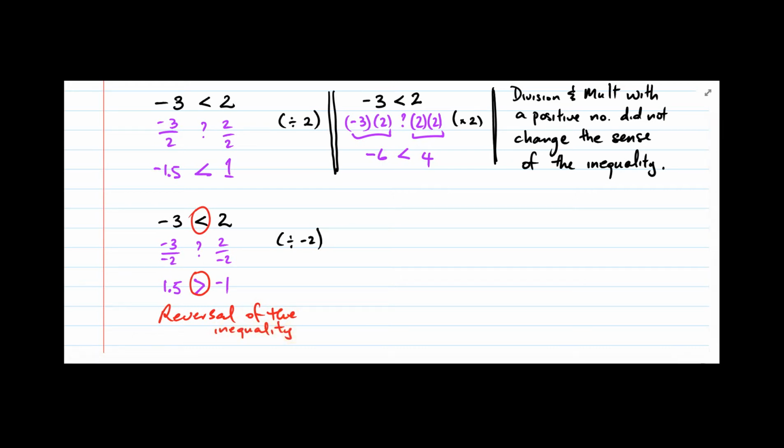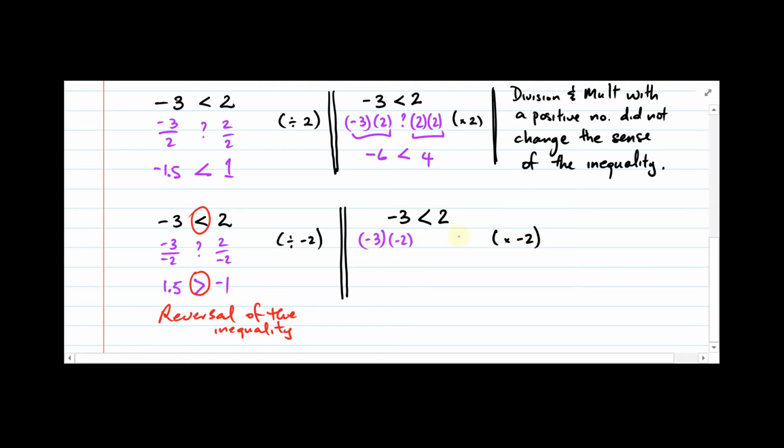Right? Let's look again at the same inequality, negative 3 is less than 2, which is a true statement. We've divided already, so now let's multiply both sides by negative 2.